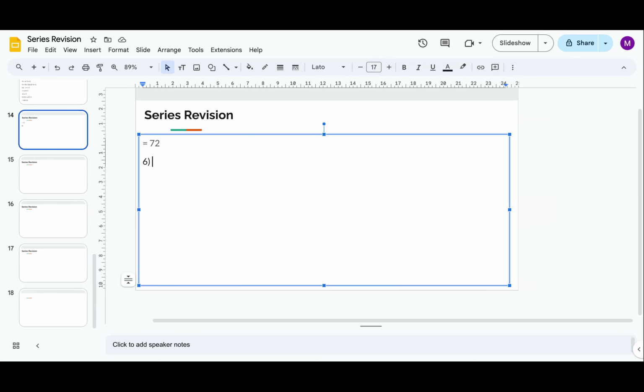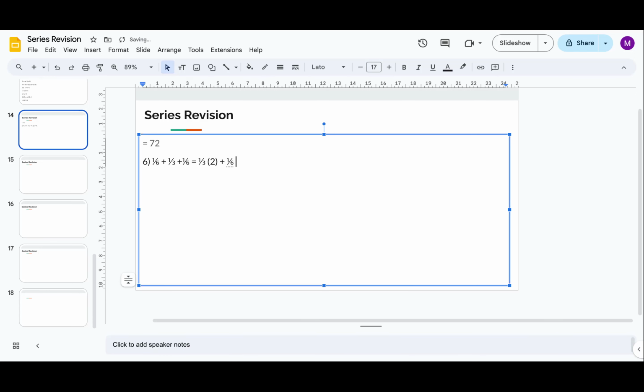So I know that the value of the first term will be 1 over 6 plus the value of the second term is 1 over 3 plus 1 over 6. And the value of the third term will be 1 over 3 times 2 plus 1 over 6.